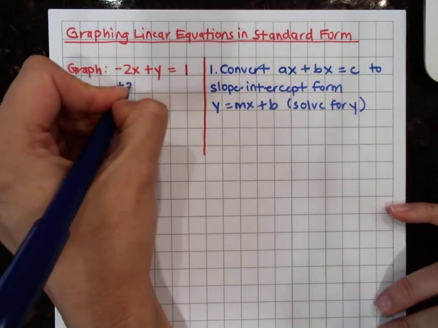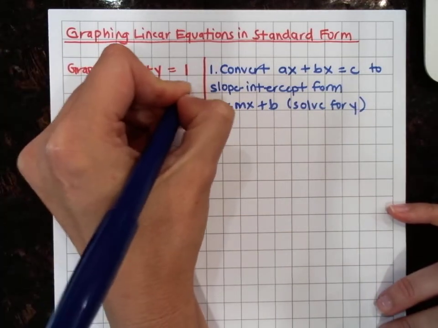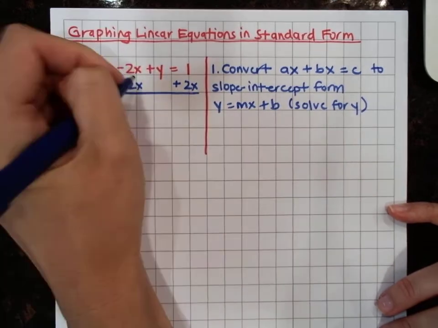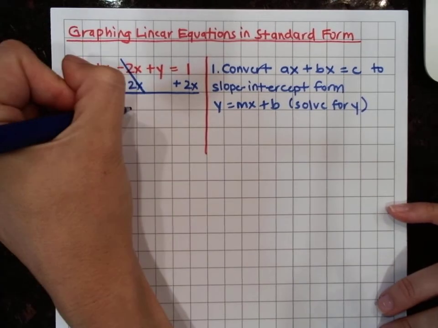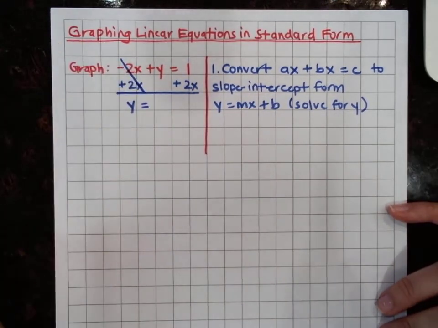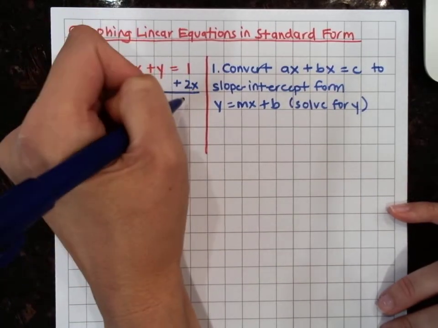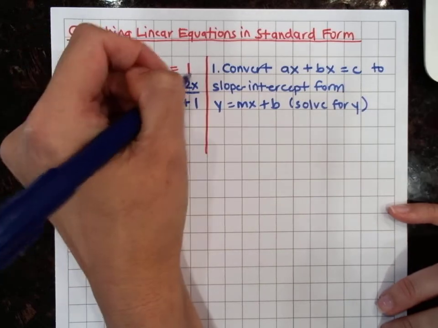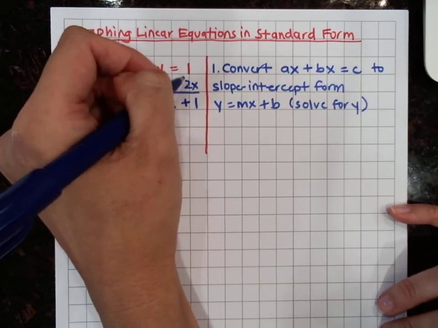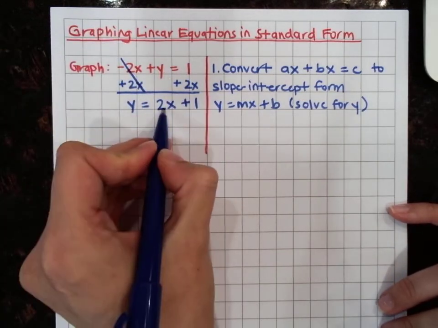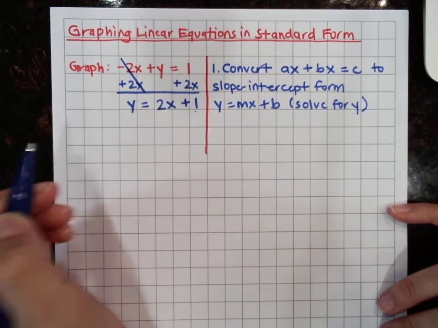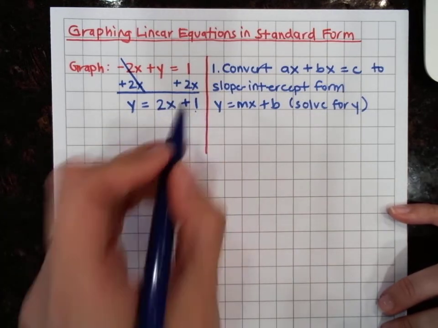Let's add 2x to both sides. Those cancel out, leaving us with y all by itself on the left side equals 2x plus 1. You cannot combine these. These are not like terms, so that's why we write it separately. It's 2x plus 1, because the 2 has an x and the 1 does not.